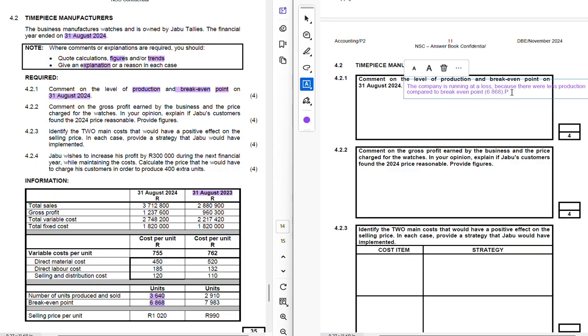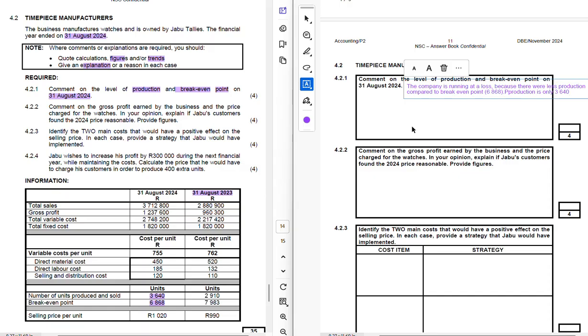Production is only 3,640. So production was less than what we required to sell in order to break even. That is the problem.